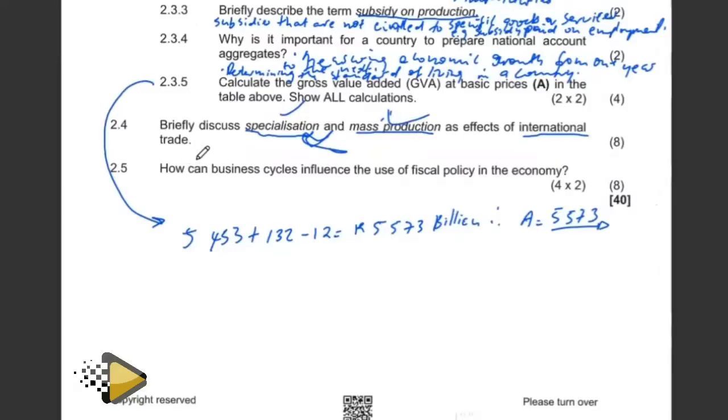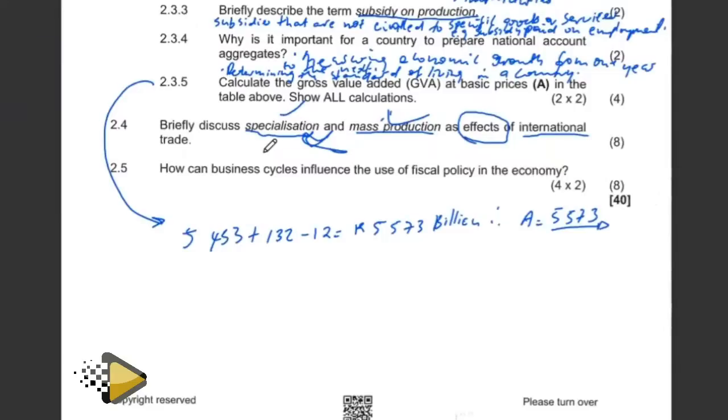So now when we talk of the effect or the results of specialization on international trade, specialization has actually brought an enhancement of different sets of skills in the labor force in different countries.